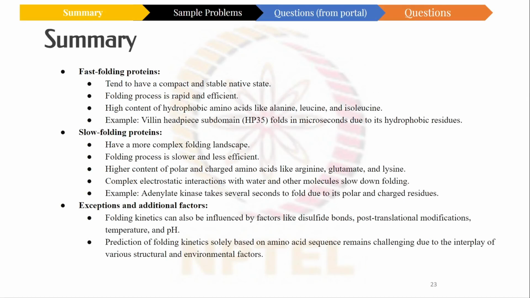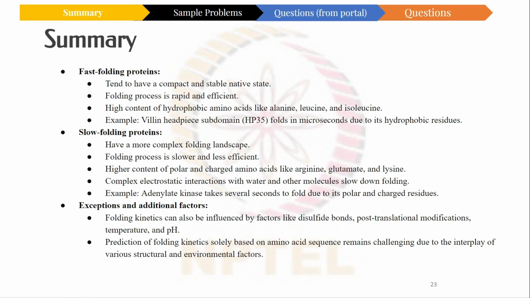Starting with the fast folding proteins. Fast folding proteins tend to have a compact and stable native state, which means that the folding process is relatively fast and efficient. In general, fast folding proteins tend to have a high content of hydrophobic amino acids, which tend to cluster together in the protein's interior. These hydrophobic interactions help to stabilize the protein native state and also promote rapid folding.